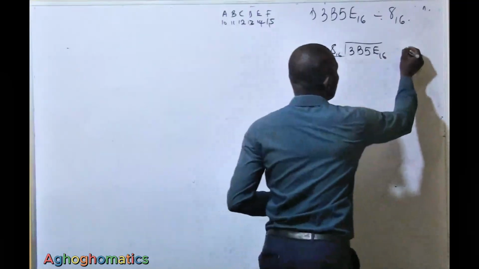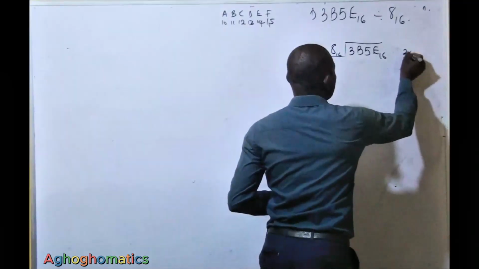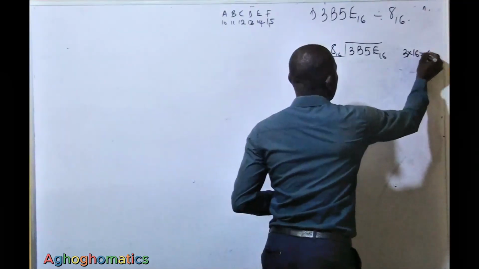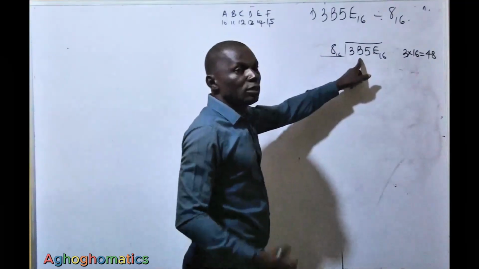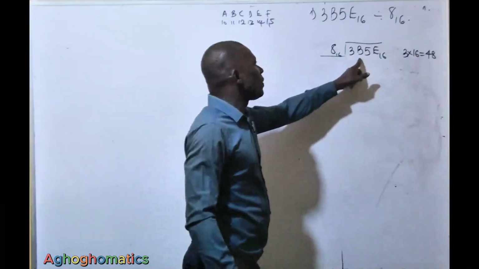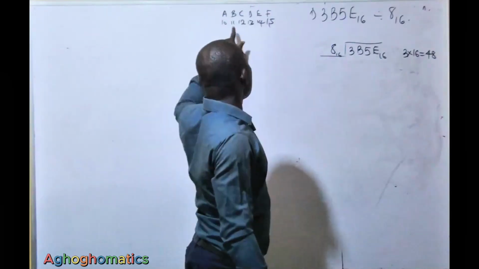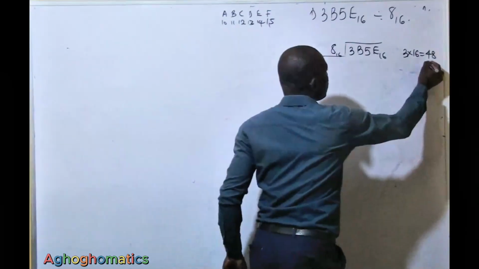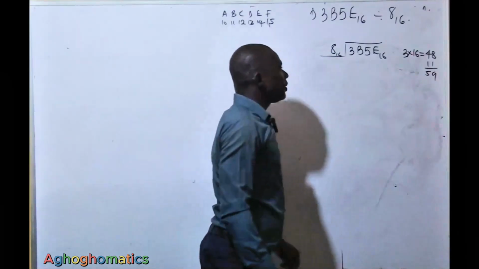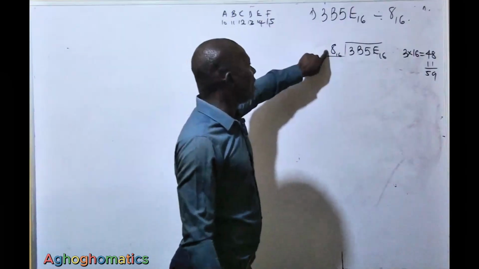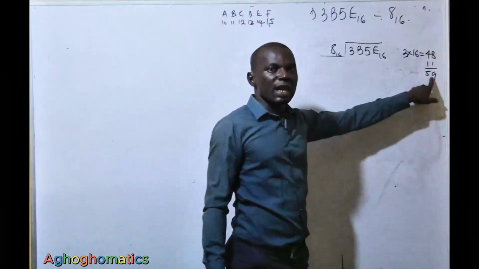So here, we first look at this: 3 times 16 gives 48. Usually, you add the next digit to the right to it, and B here represents 11. So 11 added to 48 gives 59. It is on this occasion that we ask how many 8s are contained in 59.